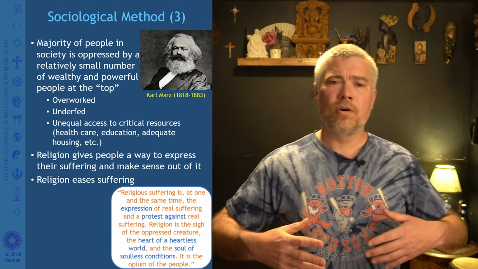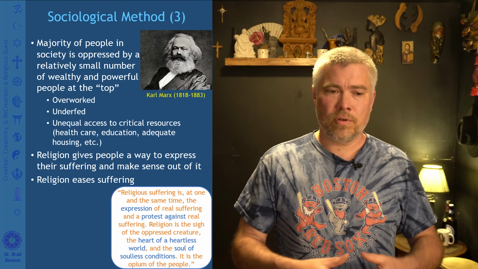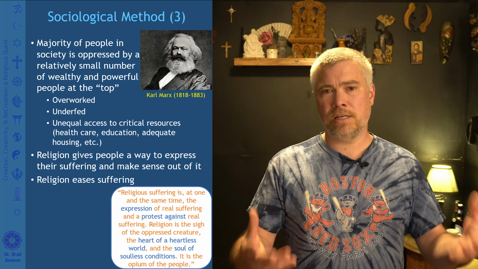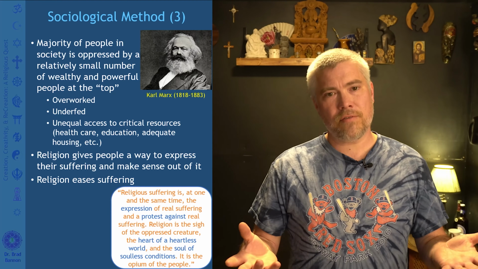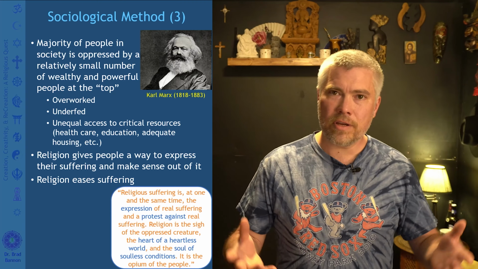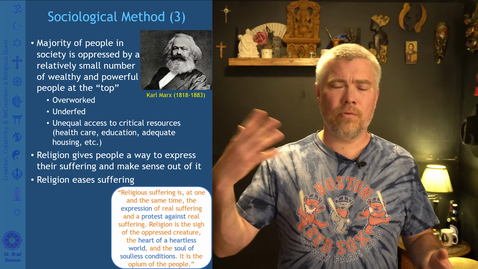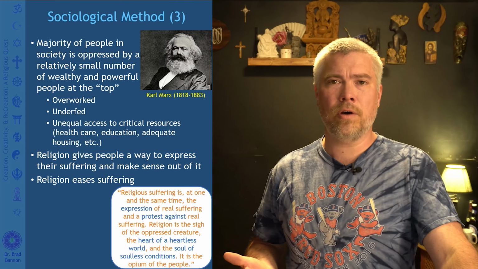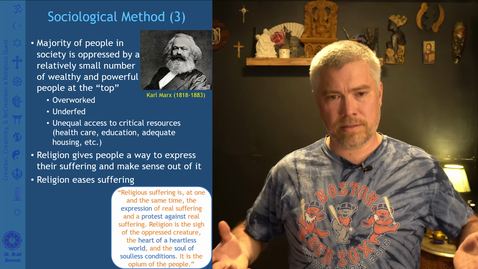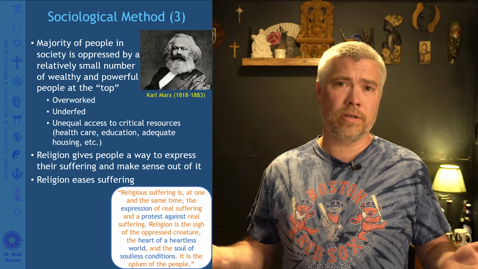So in other words, religion, as Marx explained, religious traditions, religious communities, religious beliefs and teachings give people a way to express their suffering and a way to understand their suffering, and to that extent also helps to ease suffering. Now, when we think about opium, right? We are today in 2021 living in a society that is plagued by an opioid crisis.